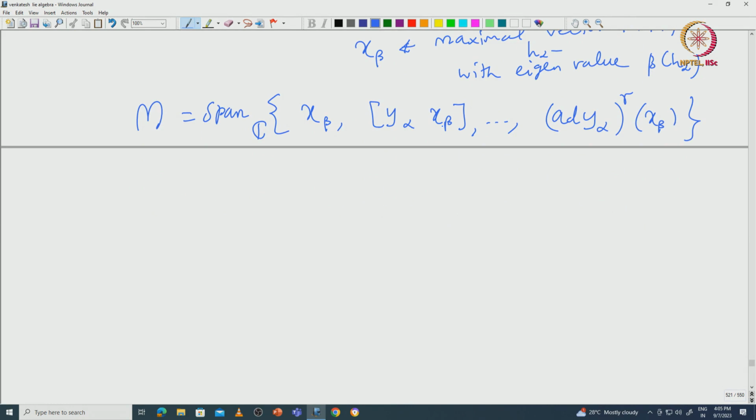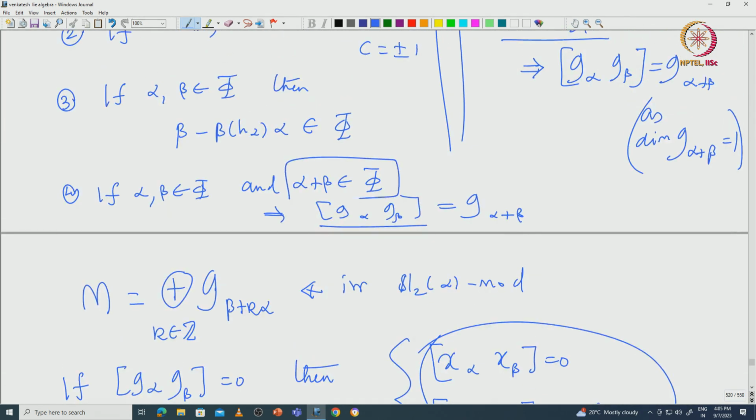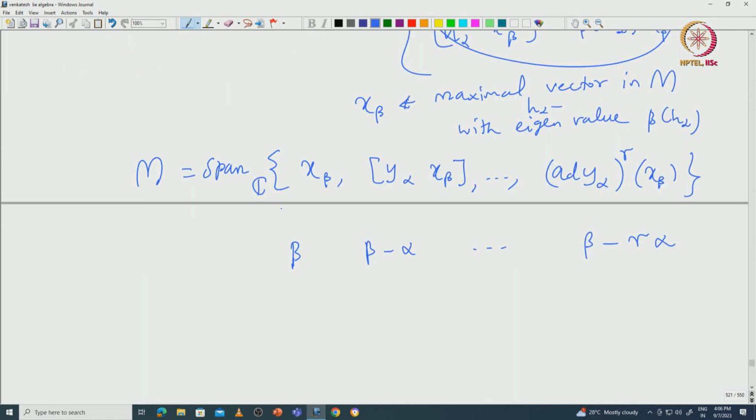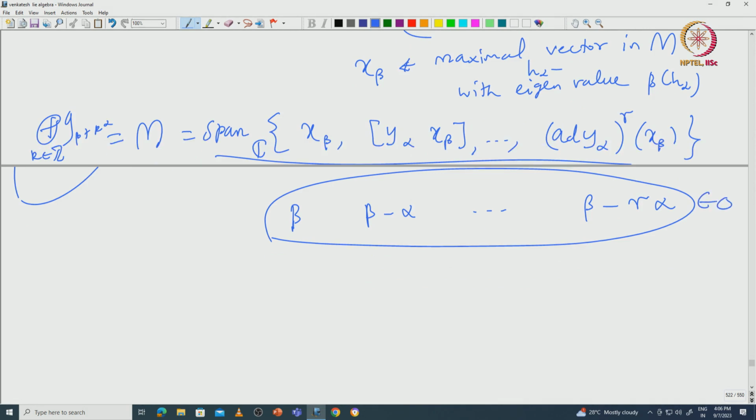But then look at all the weights. This will have beta, then beta minus alpha, and so on, up to beta minus r alpha. But our assumption is that alpha plus beta is also a root. However, it says that these are the only roots, because M is nothing but the direct sum of G beta plus k alpha, where k comes from Z. This entire space is the span of these, so these are all the only roots in phi, which implies beta plus alpha is not a root.